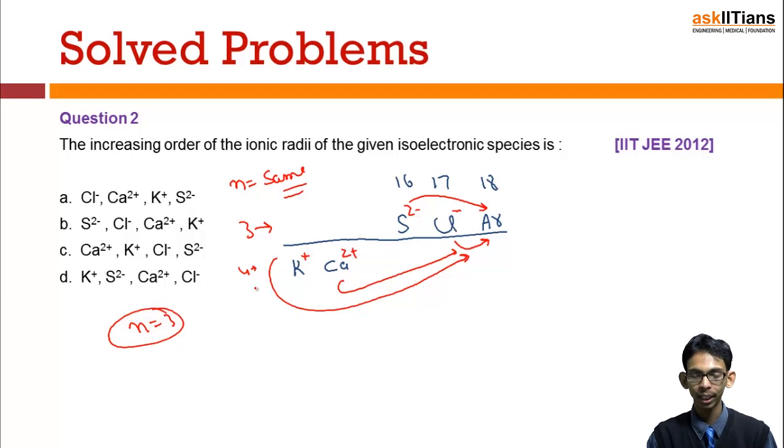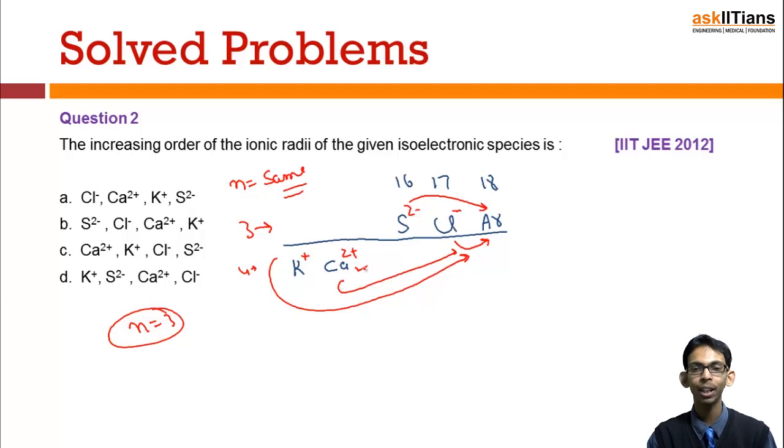Now the next thing on which the size will depend is only the effective nuclear charge. In this case, which one has the highest atomic number in these? Obviously calcium. So the highest value of effective nuclear charge would be in the one which has the highest number of protons, that means highest atomic number.